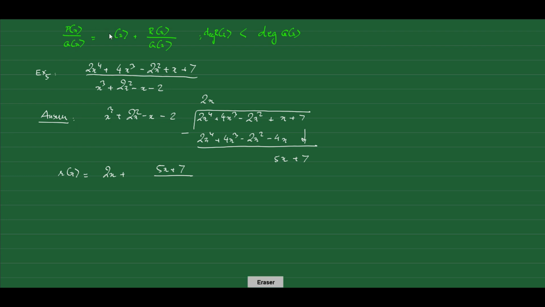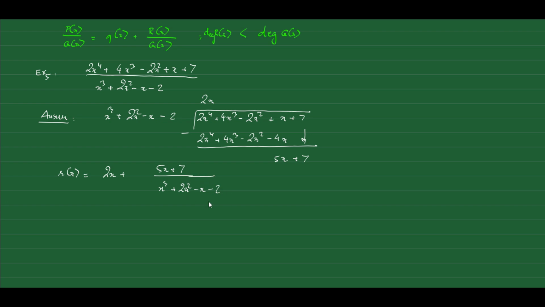So I'm going to use a different letter here for the quotient. There you have the denominator: x to the 3rd plus 2x squared minus x minus 2.